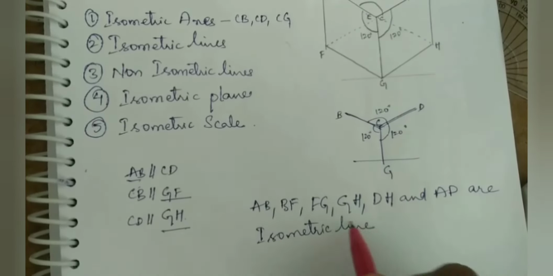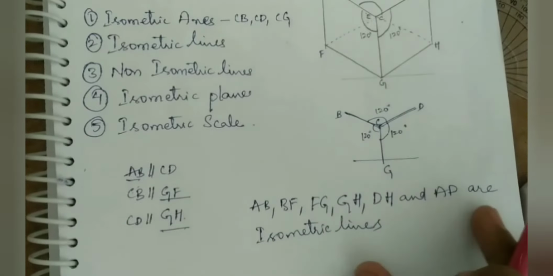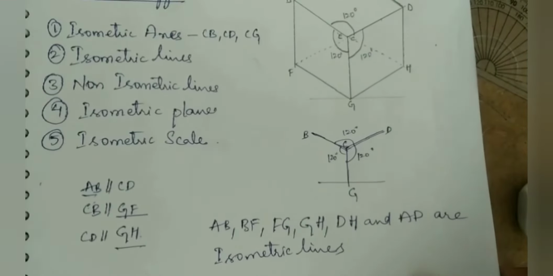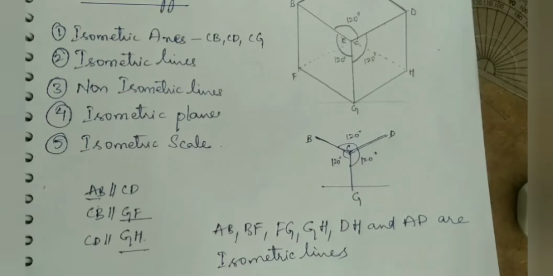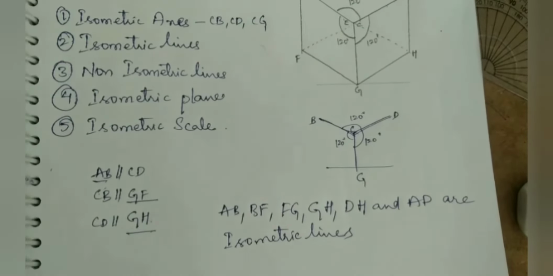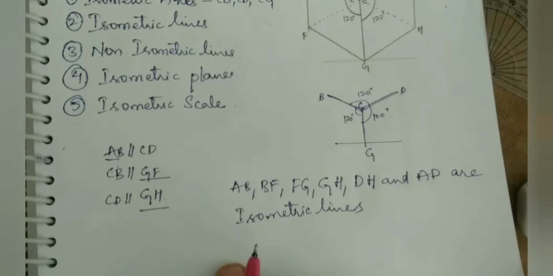You can check from the figure that these lines are parallel to the isometric axis.